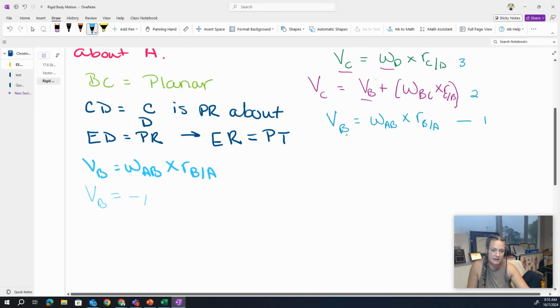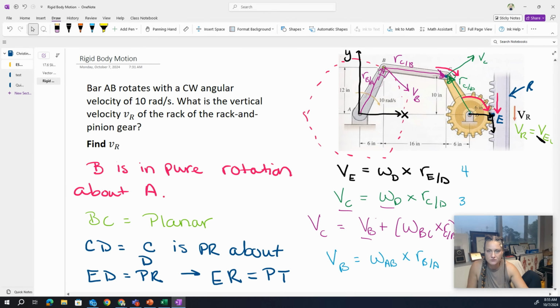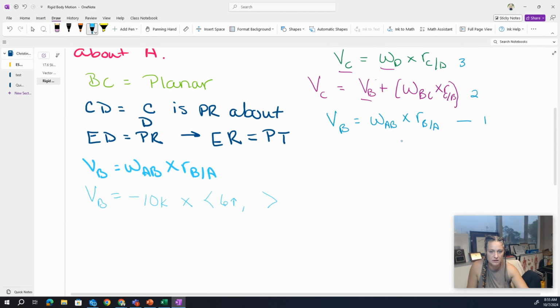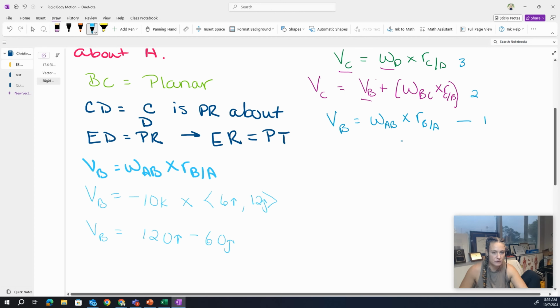It's going clockwise, so it's going to be negative 10K cross RB with respect to A. So RB, if I project this down this way, it's going to be 6 in the I and 12 in the J. So VB will equal, if I do 10, that would be 60J. So I'm going to have 60J, and I'm going to have 120I. And my J will be negative.